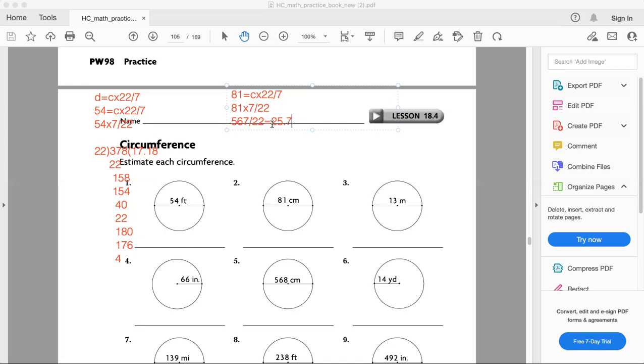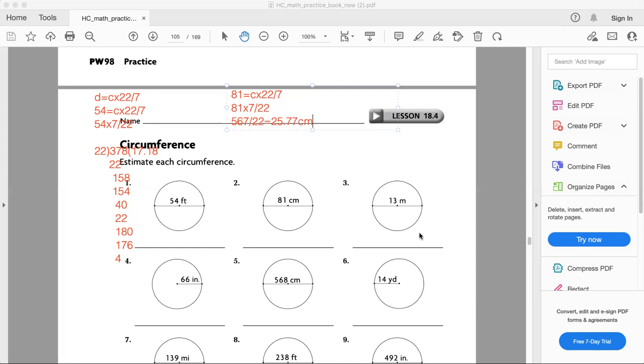The answer is 25.77 centimeter. Very good.